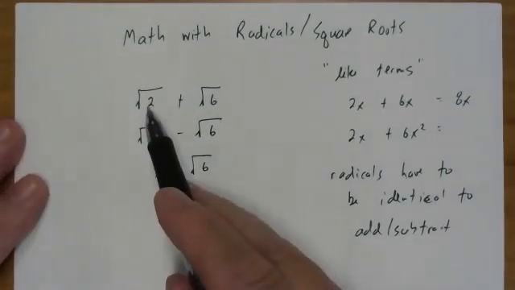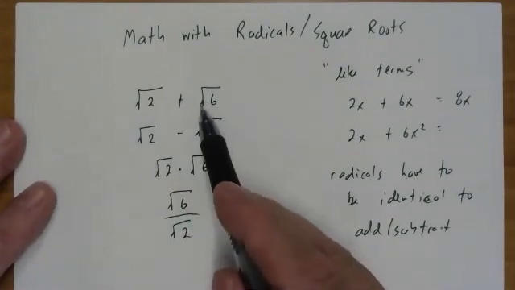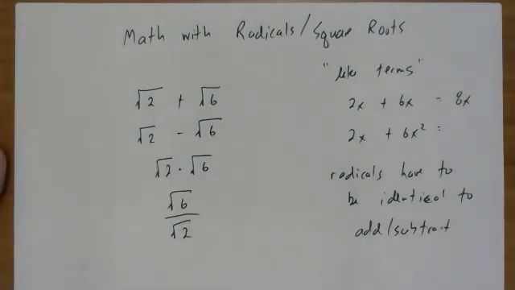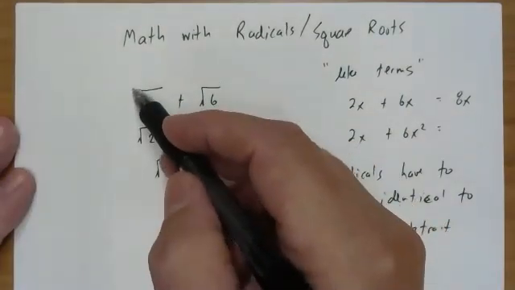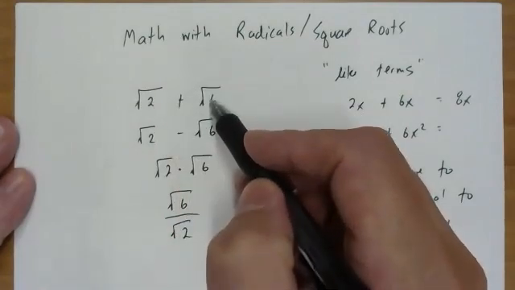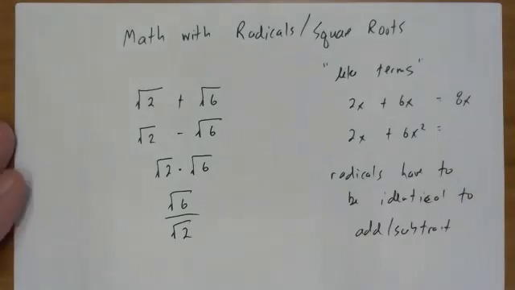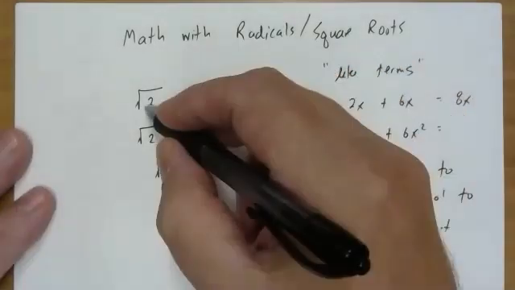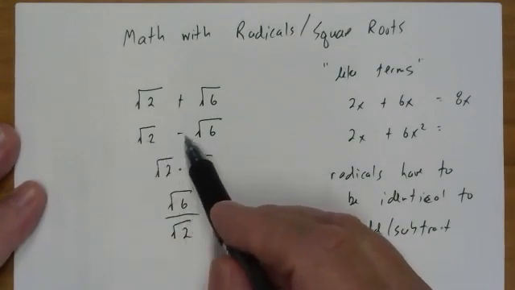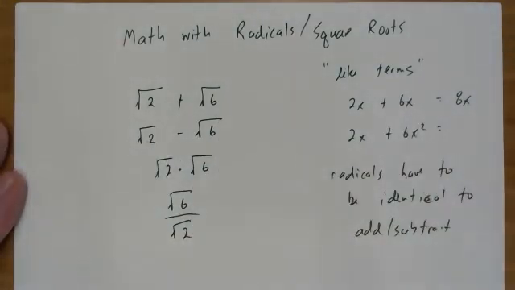If you look up here, square root of 2 plus square root of 6. These radicals are different. They're both square roots, but under the square root it's a 2 and a 6. And I can't simplify, so therefore there's nothing I can do with square root of 2 plus square root of 6. And in the same way, obviously, square root of 2 minus square root of 6, nothing I can do.